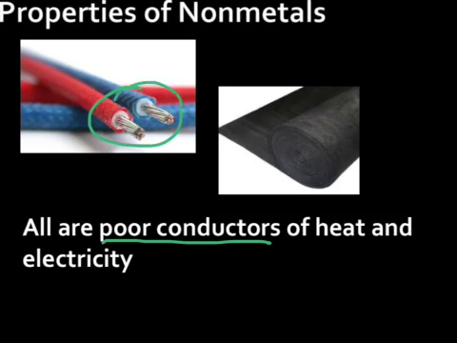It protects the wire inside. And they're also used as insulators of heat. So there's carbon insulation and other kinds of insulation. But nonmetals are typically used as part of heat insulation. We might use them to make an insulated cup or a thermos or something like that.